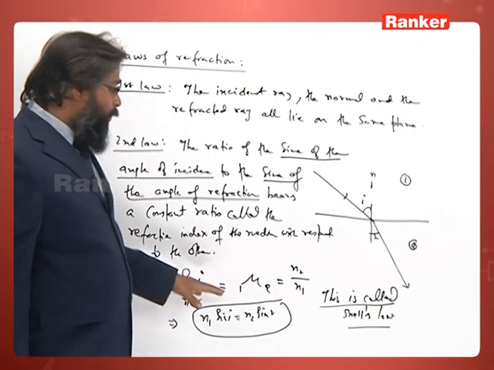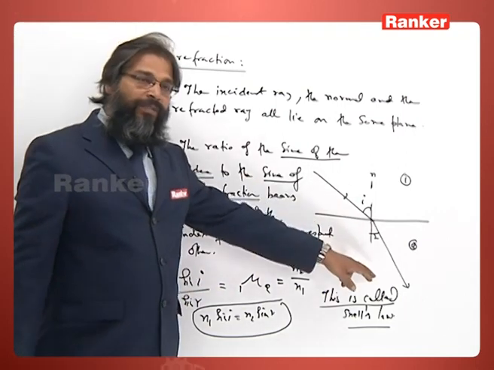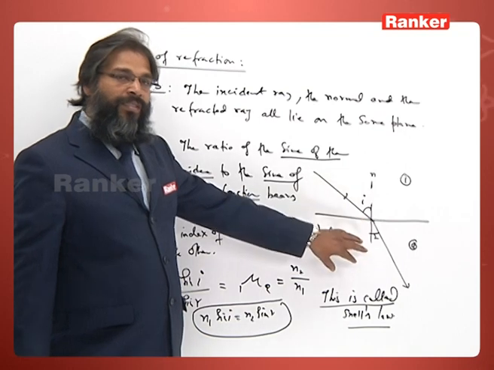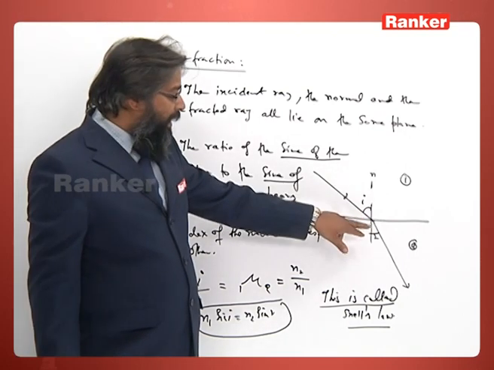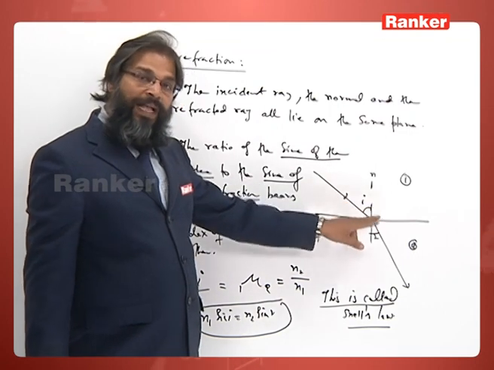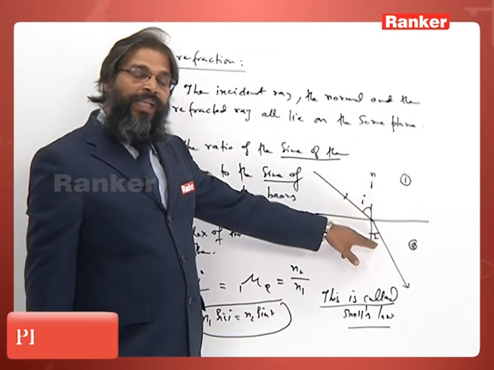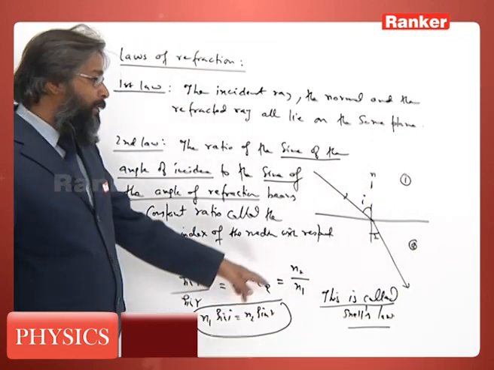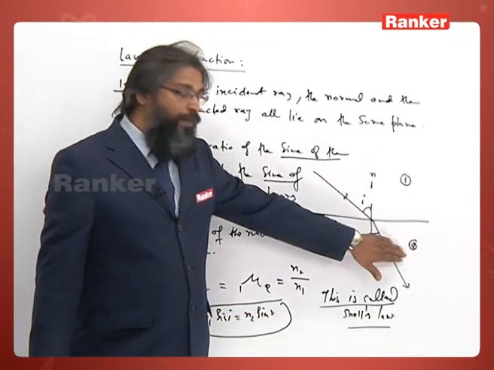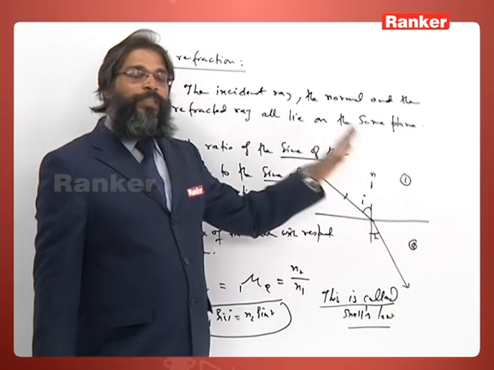This is how a ray refracts. The ray refracts at the interface of two media such that the ratio of the sine of the angle of incidence to the sine of the angle of refraction bears a constant ratio, that is mu, the relative refractive index of this medium with respect to this.